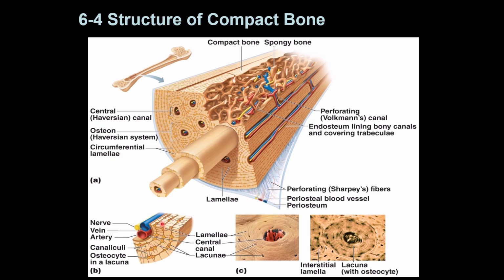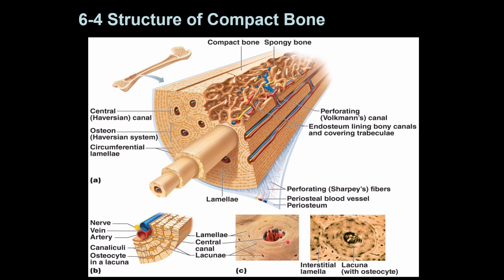Each one is a lamella, so the whole thing is lamellae. So this is a concentric lamellae like this. And here is the central canal. They contain blood vessels and a nerve. And here inside, this is another type of tissue, and this is called endosteum. This is periosteum, and this is endosteum.